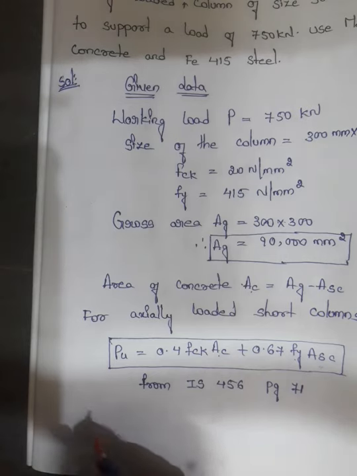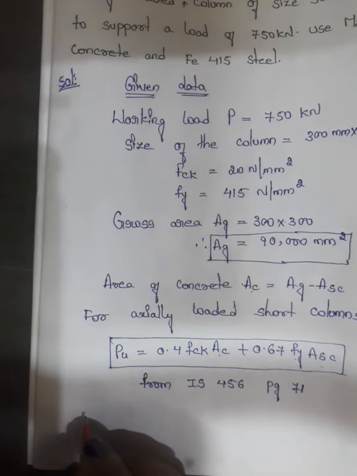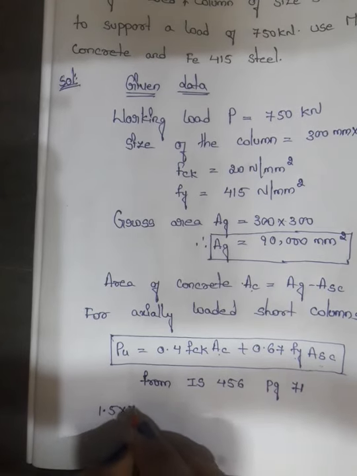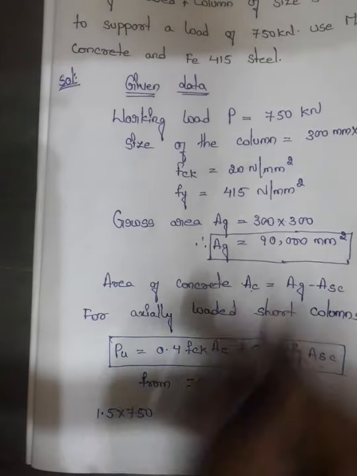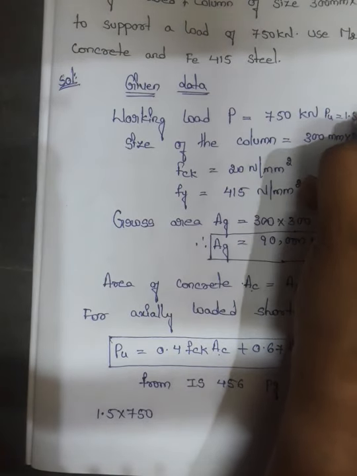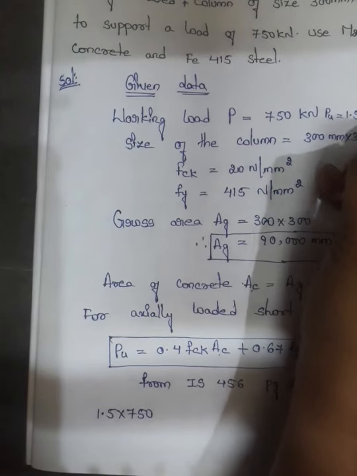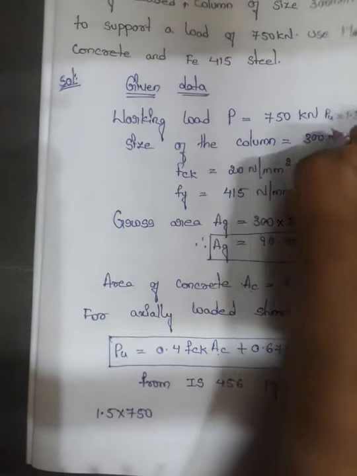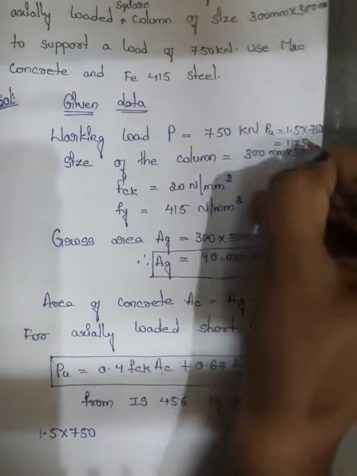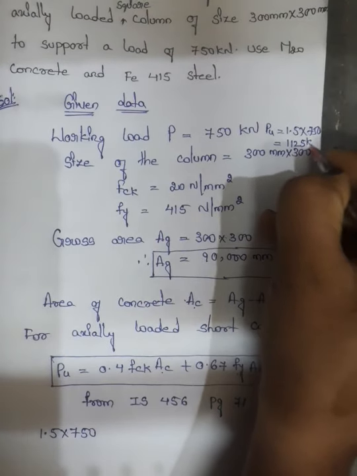We'll substitute that. So Pu is equals to partial safety factor 1.5 into load 750. So if you want, directly you can do here Pu is equals to 1.5 into 750, which is equals to 1125 kilonewton.